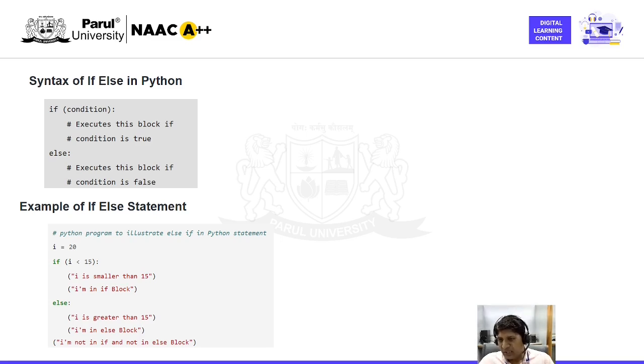Then the else block will be executed: i is greater than 15 and I am in else block. And after executing either the if block or else block, the statement "I am not in if and not in else block" is a common statement. Whether your condition is true or false, no matter. If you want to execute some statement regardless, you can write it after the else block.